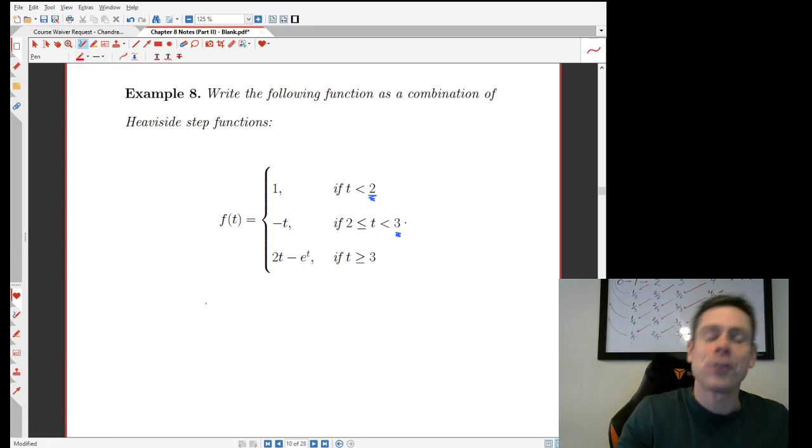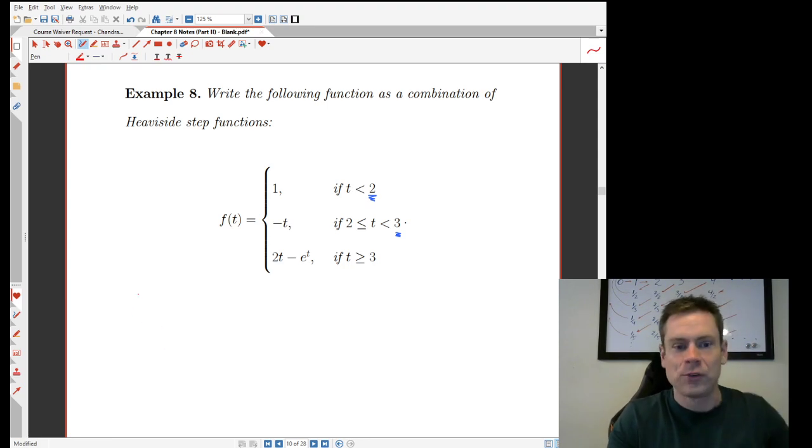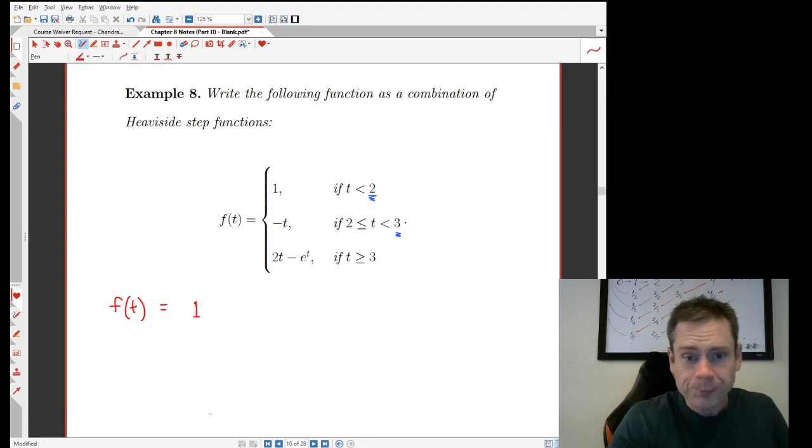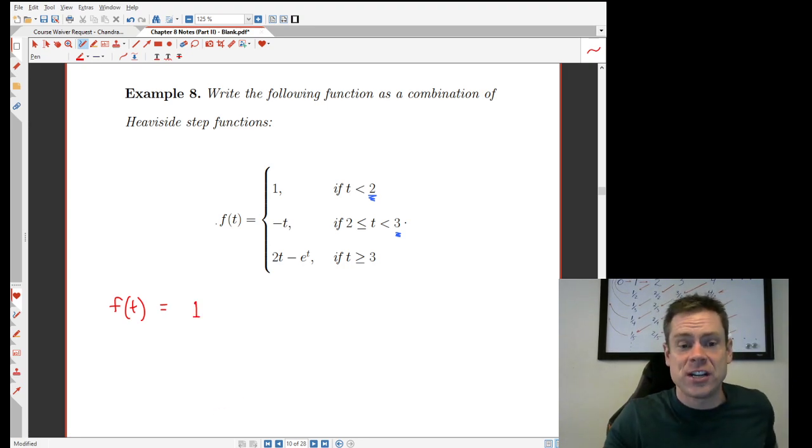If we follow the directions from the last page, or just use our intuition, if you understand how these functions work, up until t equals 2, the function is just 1. So I'm going to write down a 1. That's how it starts. It's at 2 that things change, and so what I'm going to do is add some sort of changing behavior.